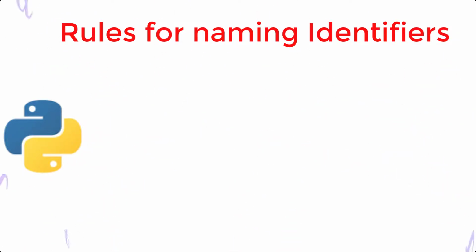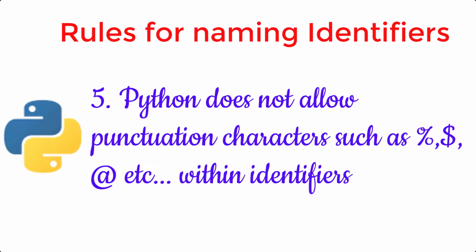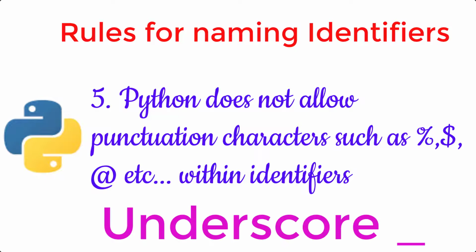Now the fifth rule. Python does not allow punctuation characters such as percentage, dollar, at, etc. within identifiers. Special characters like percentage, dollar, at, apostrophe, exclamation mark, plus, minus, star, etc. cannot be used while naming identifiers. Only the underscore symbol is allowed.